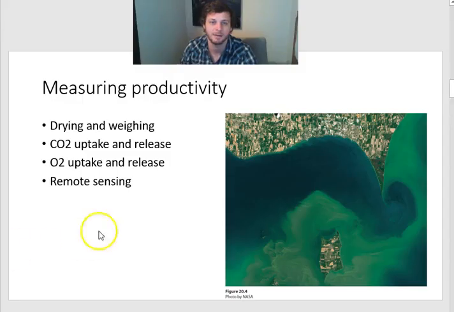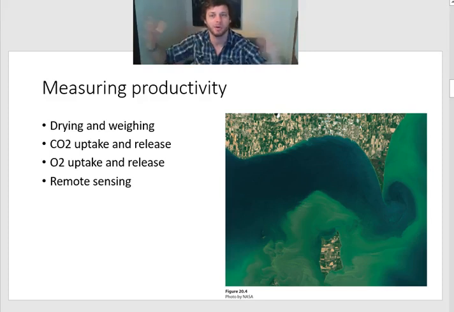You dry it, you weigh it. You dry it because you want to get out any extra water, because we don't want to measure how much water it can hold. We want to measure how much material is produced, how much plant matter is there, not just water. So you dry it and you weigh it, and that can give you a mass per acre, right? So it can give you how much biomass you have per area.